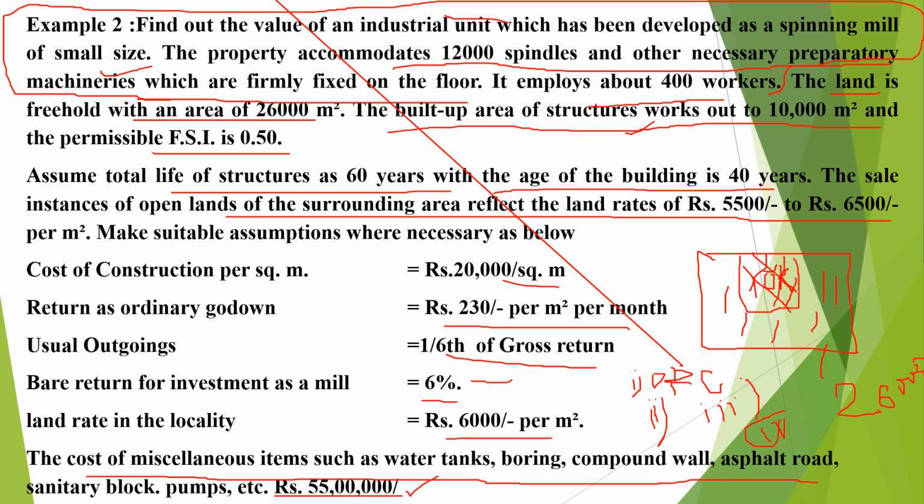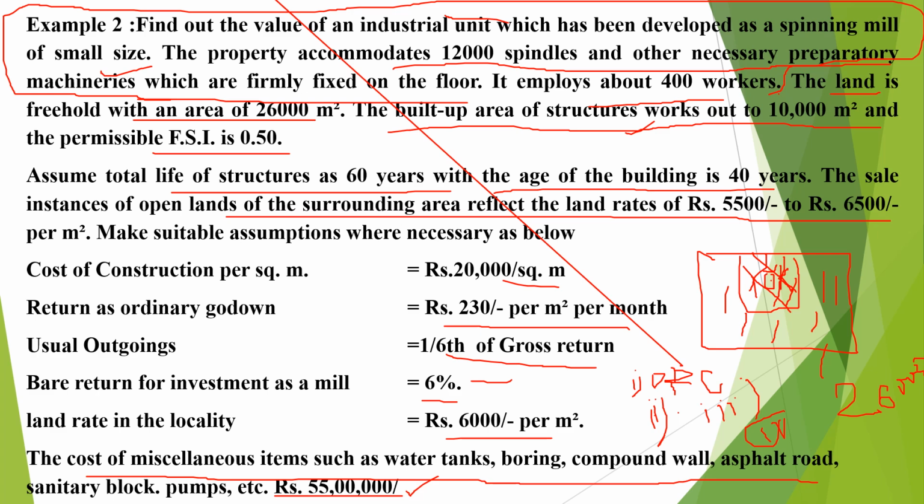So you calculate these three: first the depreciated replacement cost of the building, then the value of the encumbered land over which the building has been constructed, and third the value of the open land, and fourth you add what is given to you as the cost of miscellaneous items.